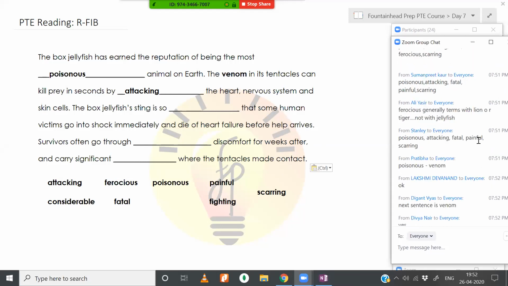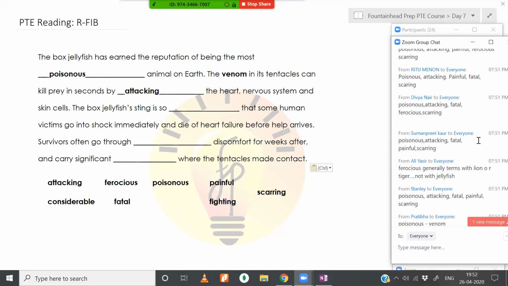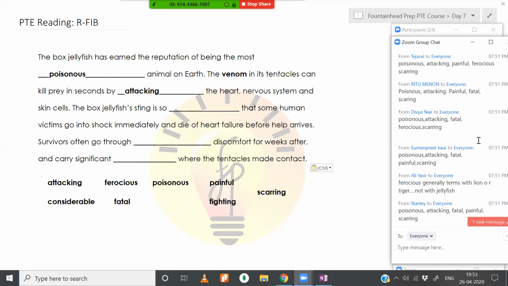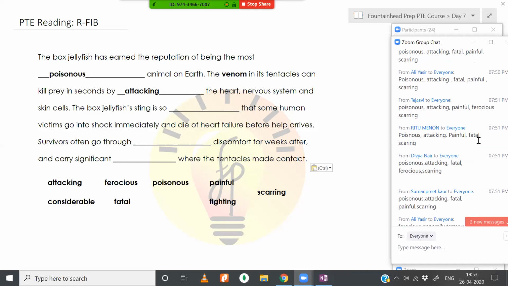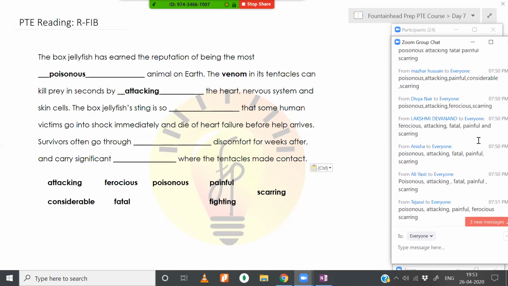So I can see a lot of you have answered it as fatal. Some of you answered it as painful. Tejasvi also answered it as painful. Some of you have answered it as ferocious.